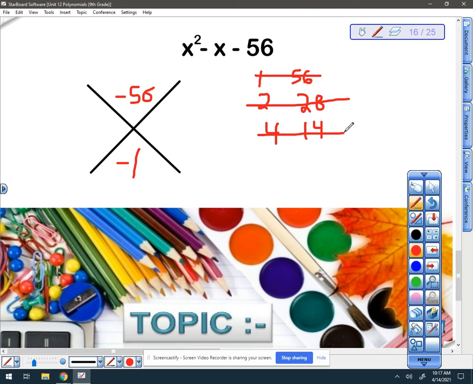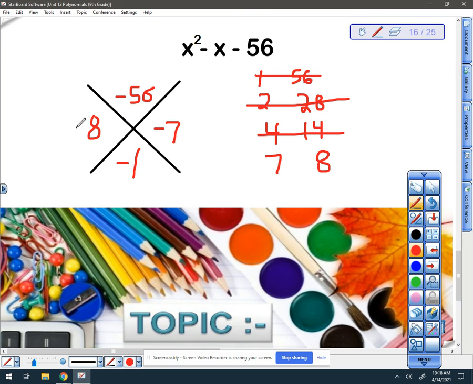So 5, no. 6, no. Will 7 go into 56? Yep. So 7 times 8 is 56. And then you would look and say, all right, can I add or subtract? Yeah, 8 minus 7 is 1. But I've got to figure out if I go 8 and minus 7, positive and negative is negative. 8 times 7 is 56. That works. But 8 minus 7 is positive 1.